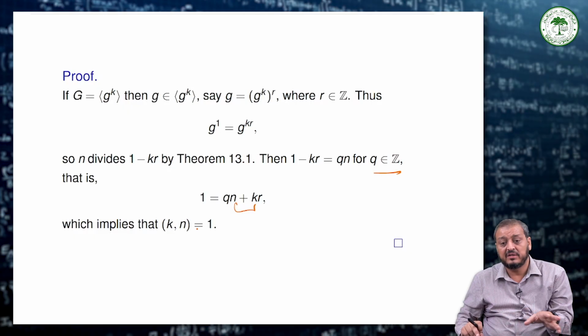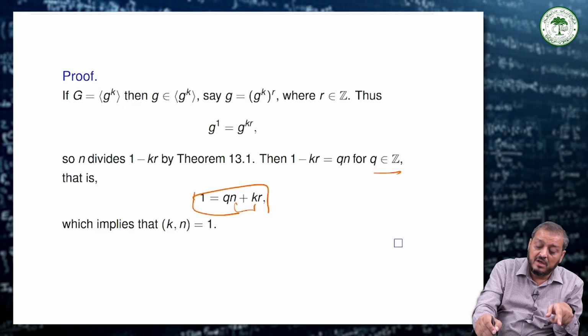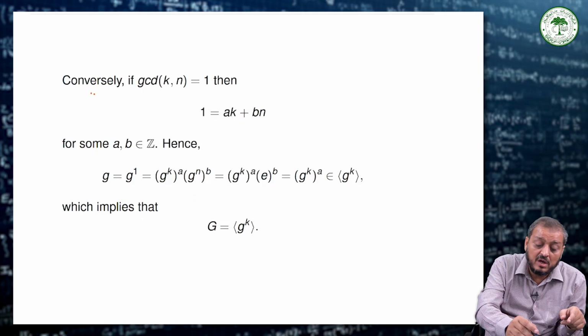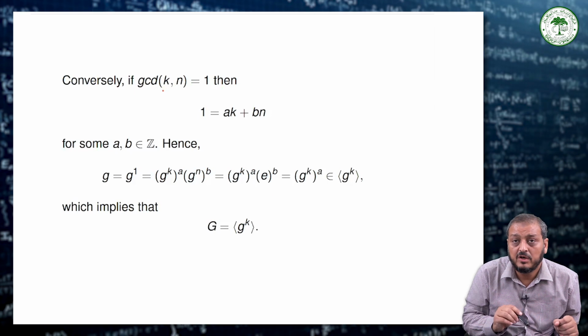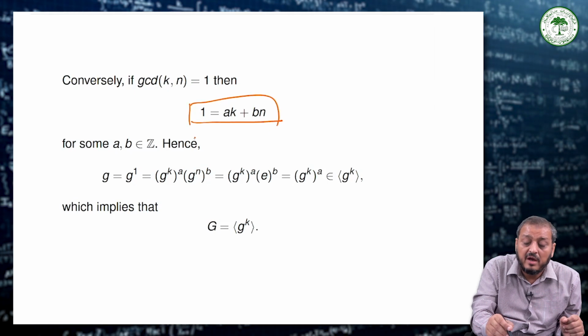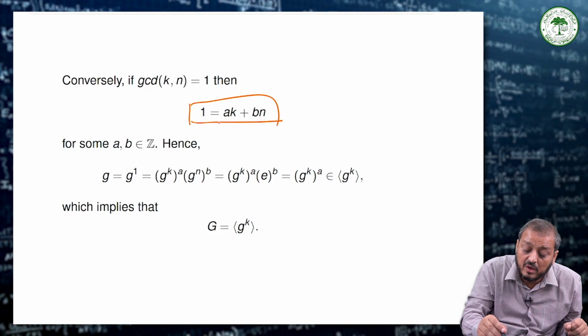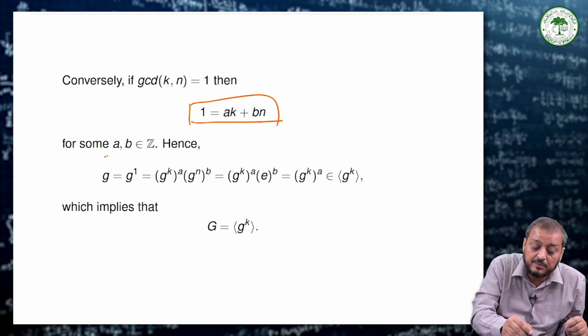Suppose k and n are relatively prime. If k and n are relatively prime, then this condition must hold. So GCD of k and n is equal to 1, and then 1 can be written in the form ak plus bn, where a and b are some integers.